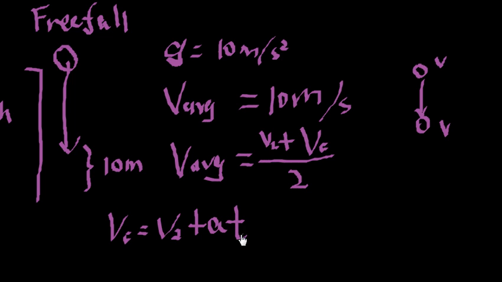A is negative 9.8, but in this case, let's just say 10. And here it traveled 10 meters, so V average is actually negative 10 because it's moving down. So V initial plus 10 equals V final, or V initial is V final minus 10.